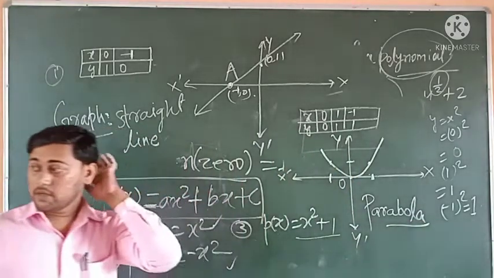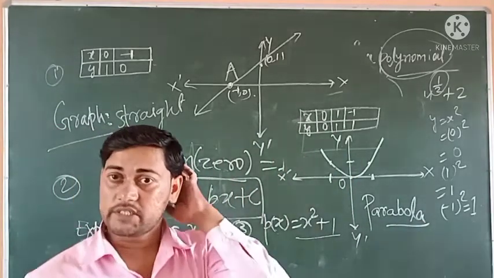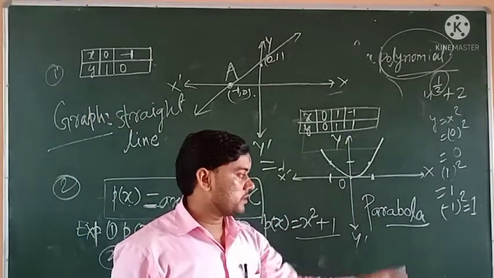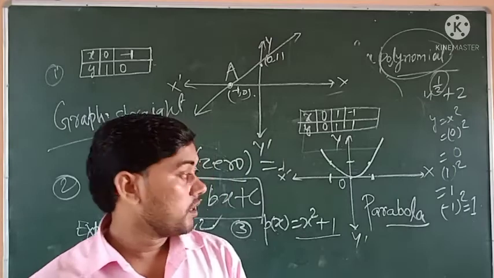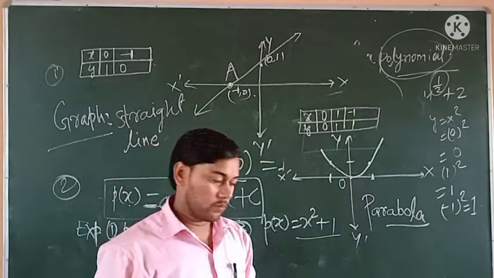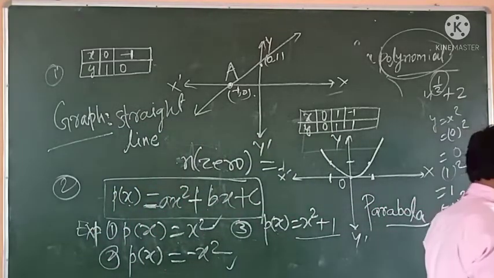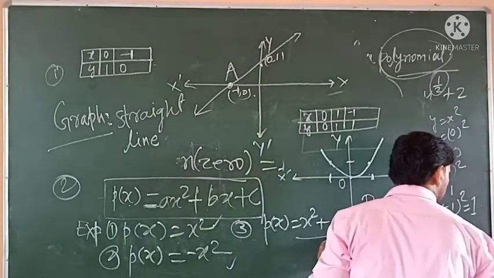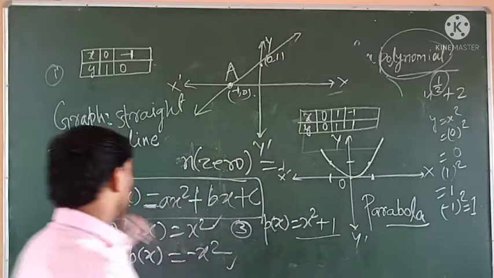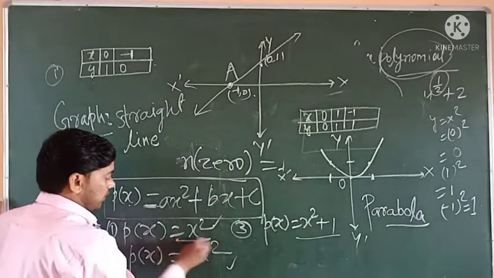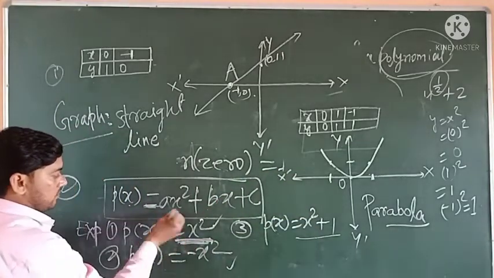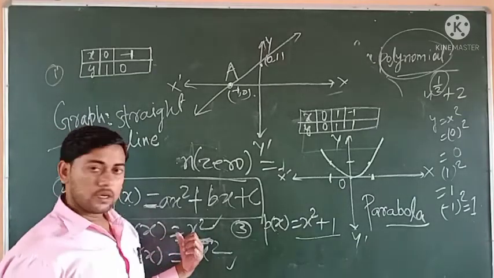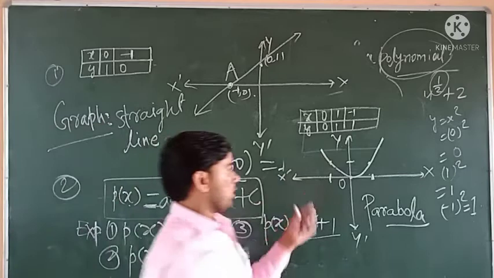The graph of a linear polynomial is a straight line, but the graph of a quadratic polynomial is a parabola. There are two types of parabola, upward and downward. When does an upward parabola come and when does a downward parabola come? See, if the coefficient of x square is positive, then it is an upward parabola.